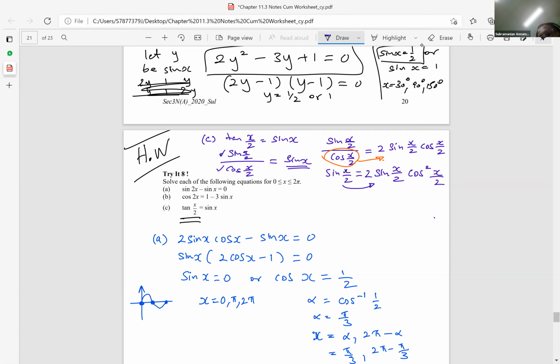Okay, it's a bit long, so I need to take here sine x over 2 cosine squared x over 2 minus sine x over 2 equal to 0. So I take out the sine x over 2. So I'm left with 2 cosine squared x over 2 minus 1 equal to 0.